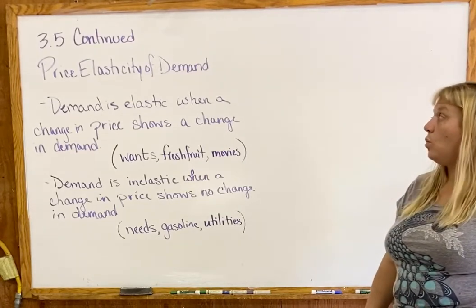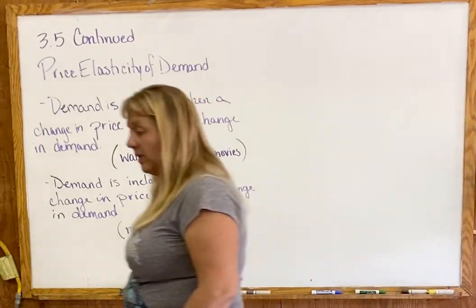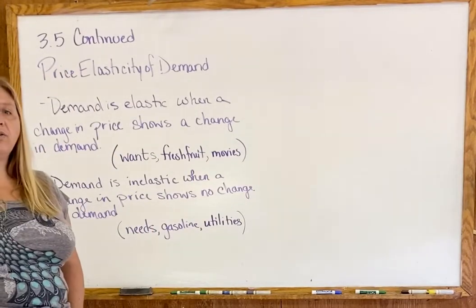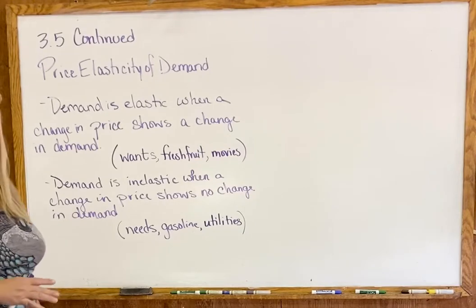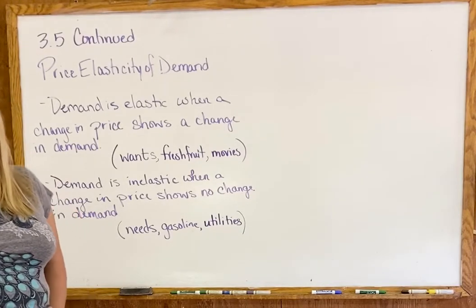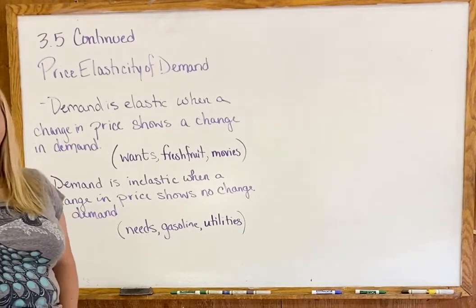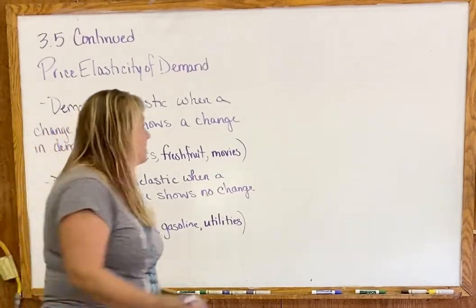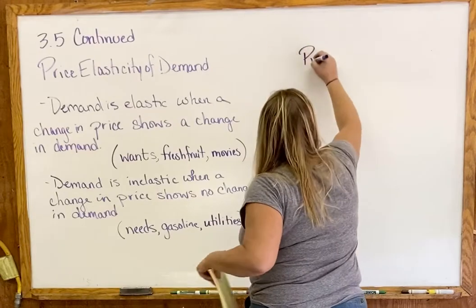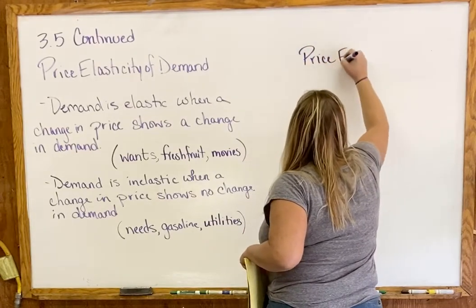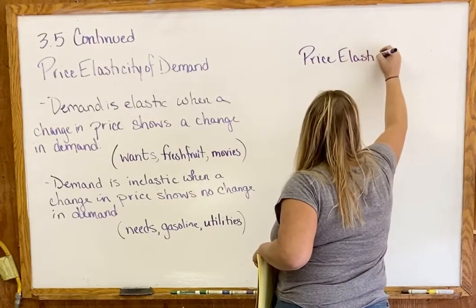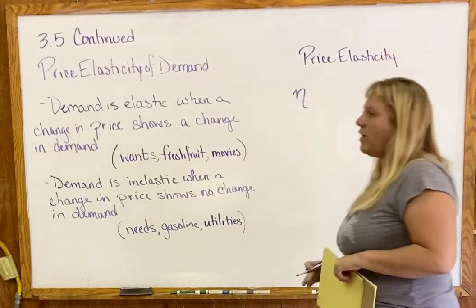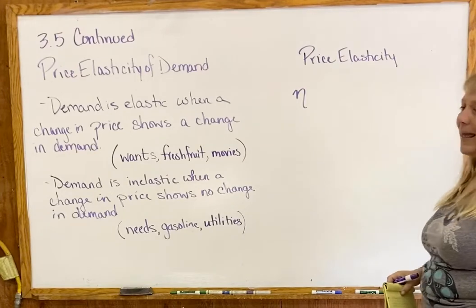Okay, so given a demand function, we can tell where the product is inelastic or elastic using a calculus formula. Okay, so looking at that, we say price elasticity is given with the variable eta.